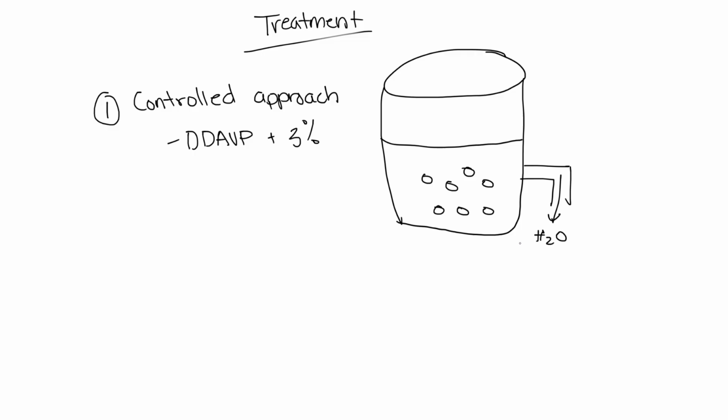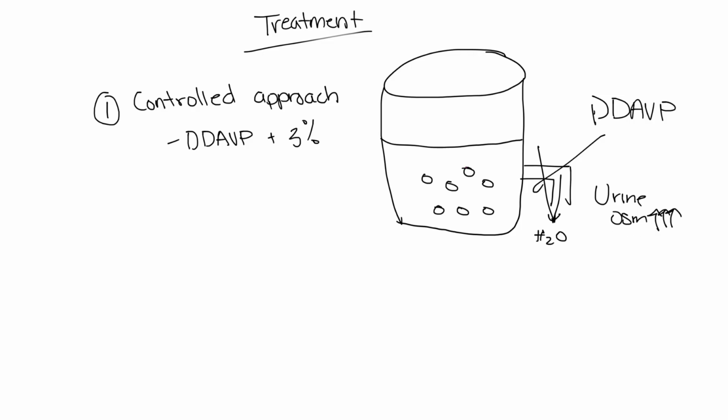The controlled approach throws all of this out the window and instead says, okay, we're going to shut off the faucet. How do we shut off the faucet? Well, we maximally concentrate our urine. We use DDAVP to make our urine osm just go up, up, and up. So we pee very little, okay?